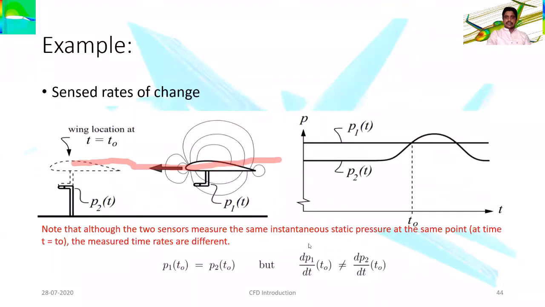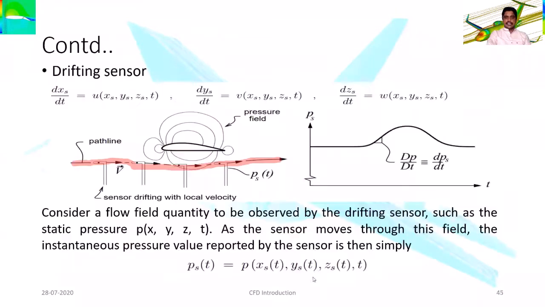Previously we represented it as dp by dt, and here it is again dp by dt, but varying with the spatial coordinate system. The sensor moves inside the field, and we are measuring the instantaneous variation.